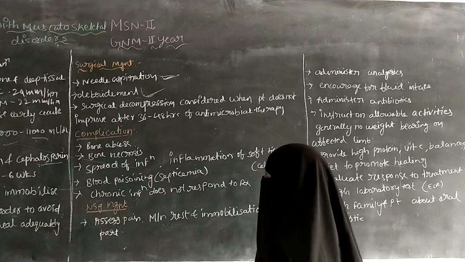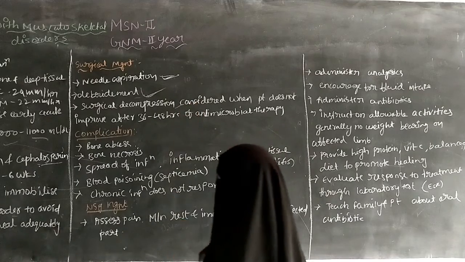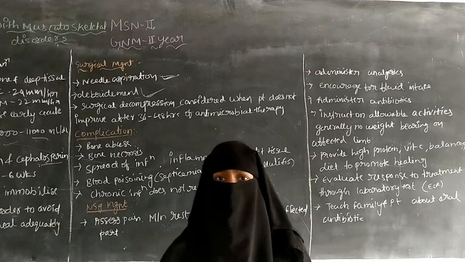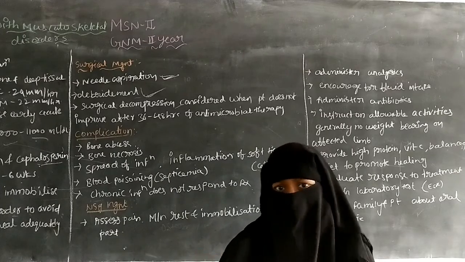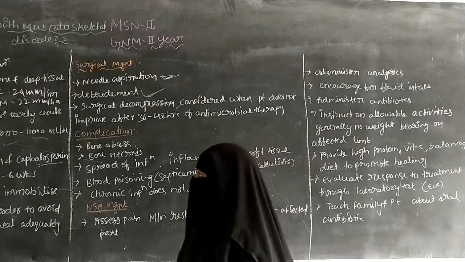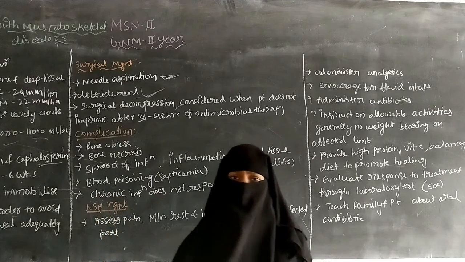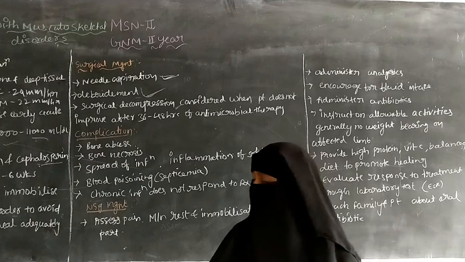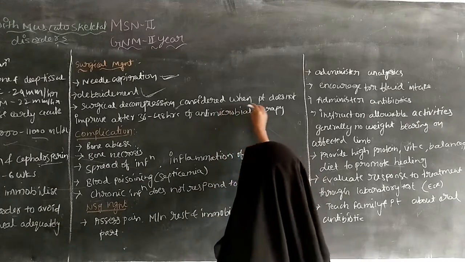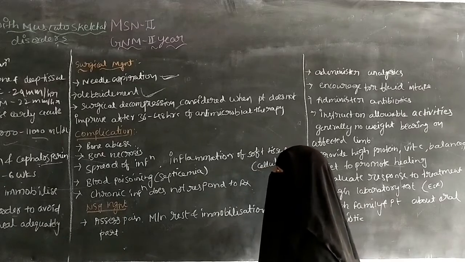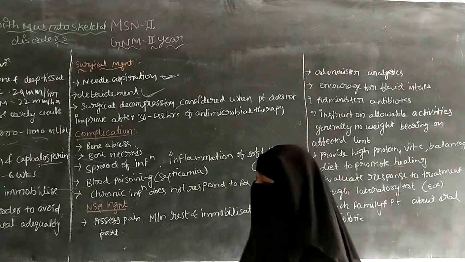And next one is surgical decompression. Decompression means the removal or repositioning of any structure. It includes repositioning the normal structure of the bone. It can be considered when the patient does not improve after 36 to 48 hours of antimicrobial therapy.